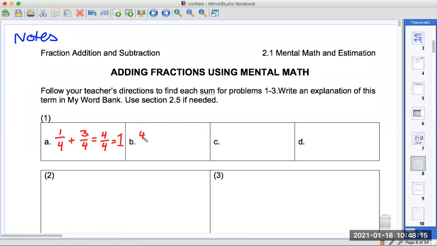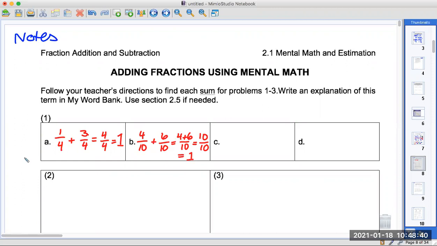Okay, so 4/10, these are examples, plus 6/10. Same denominator, 4 plus 6 over 10. You're not adding the denominator, you're just adding the numerator. 4 plus 6 is 10 out of 10, which is equal to 1.